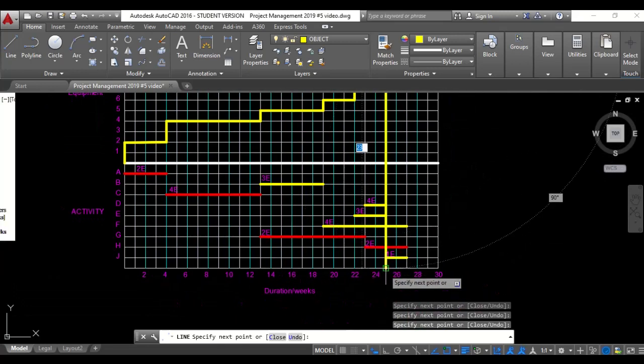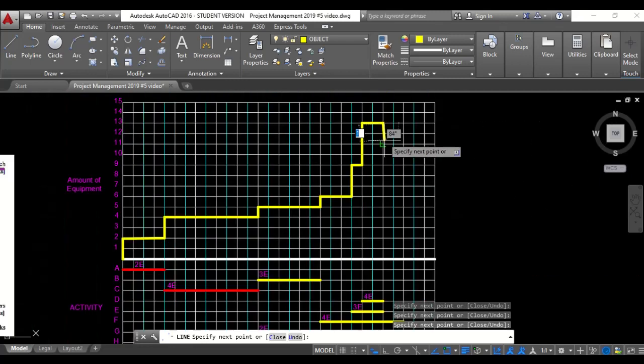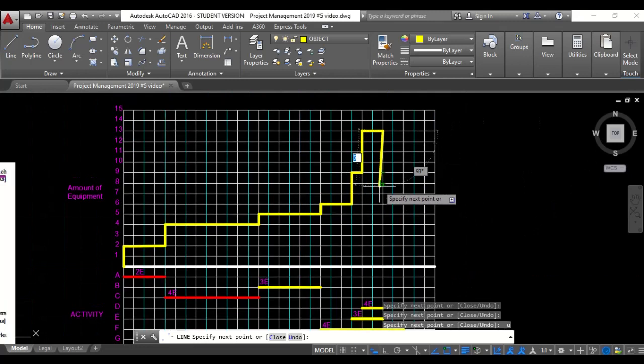Then we come back down to our bar chart. And for the remaining weeks, we have 3 activities, with 1 being 4 equipment, 1 being 2, and 1 using 1. So that is 4 plus 2, 6 plus 1, 7. So that means we come down to 7. From 13, we come down to 7.